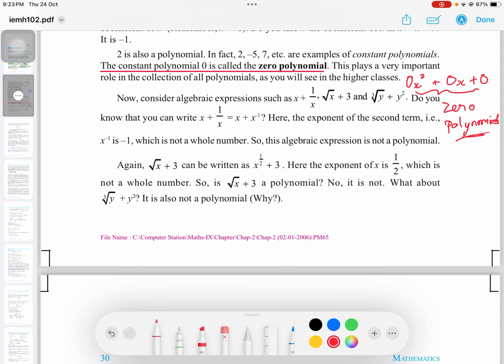Now in a zero polynomial, the coefficient is always 0. That is a zero polynomial.